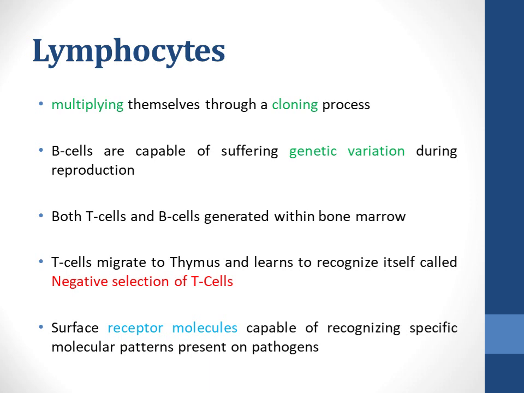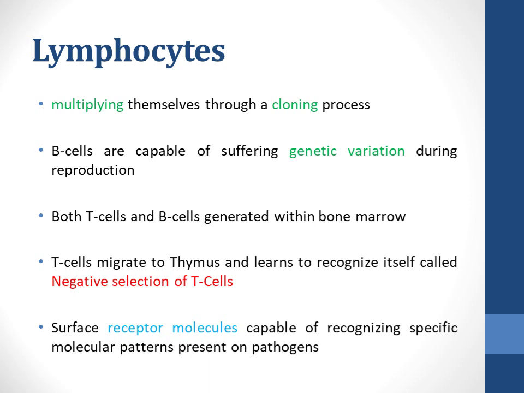Both T cells and B cells are generated in bone marrow. Once generated, the T cells move to the thymus to fight against disease. The thymus is the place where they actually start fighting against germs.